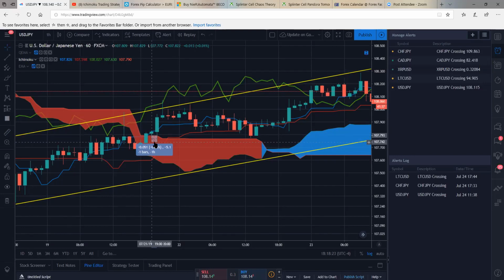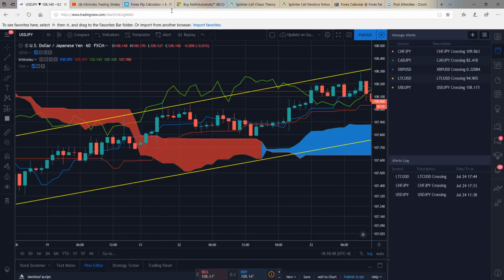And that on the screen, if you look, is 107.742. So that's what you enter as your stop loss, 107.742. So in effect, you guys, it's a 2-for-1 trade. You are risking 5 points to achieve 10, 2 for 1.